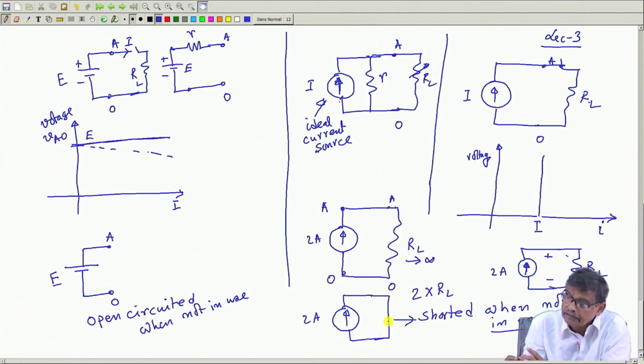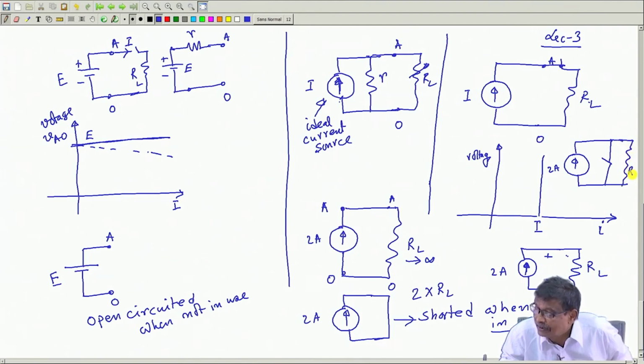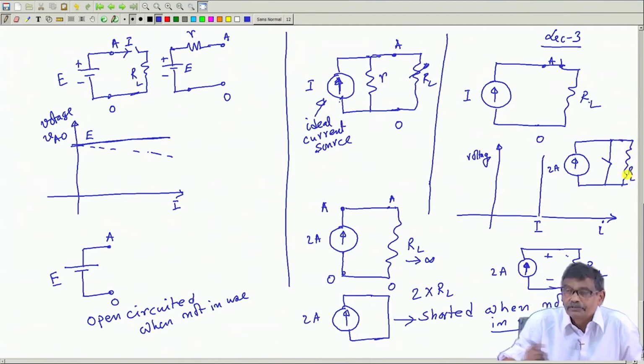Okay. Therefore, to use a current source, a practical circuit will be like this: 2 ampere, suppose, current source. Your switch should be parallel across the load resistance RL, ideal current source.